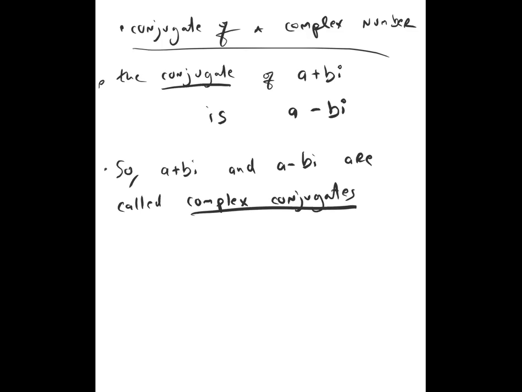And if we multiply complex conjugates, it just gives us a real number.